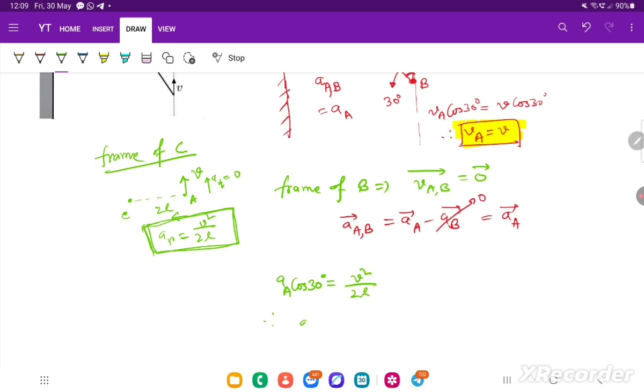Cos 30 degree is root 3 upon 2. So A will come out as v square upon root 3 L. Okay, so that's all. This one is the answer for our question, I mean the part A. The acceleration of this link at this instant is v square upon root 3 L.